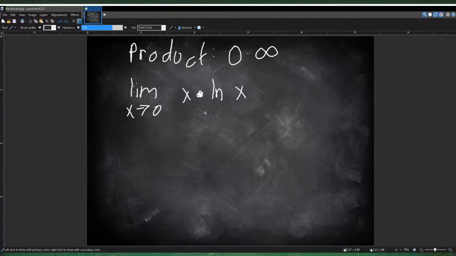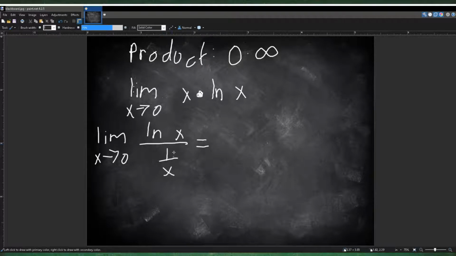So usually I like to keep the polynomials on the bottom so that we have to do less work. So we have the limit as x approaches 0. We're going to use the case ln of x divided by 1 over x, because generally it's easier. If you want to use x divided by 1 over ln of x, that's okay too, but it might be a little bit tougher. But they both should technically get you the same answer, right?